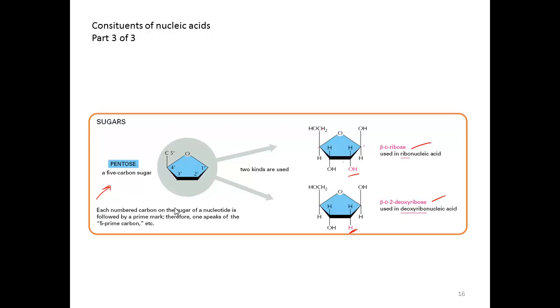Now you might wonder why these atom positions are called primes: 1', 2', 3', 4', and 5'. That's only to indicate positions on the sugar. The positions of the nitrogenous base would be without the primes. So we're going to talk a lot about the hydroxyl group on the 5' carbon and the hydroxyl group on the 3' carbon.